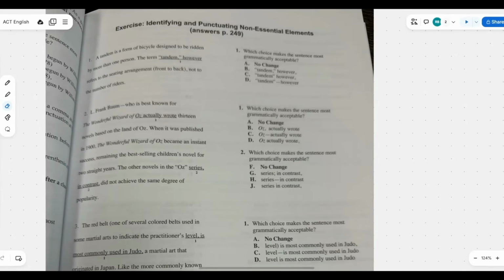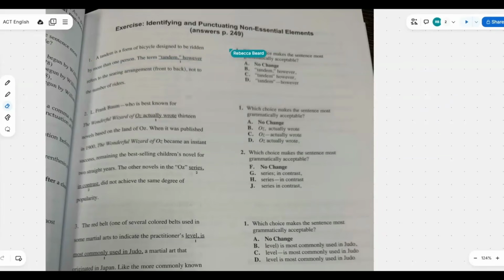We're going to chat about a couple of these questions. How they've set this up is slightly different than the ACT English, but still really usable. On page 59 of this book, the way this is grouped is this paragraph goes with this one, and so on and so forth from there.